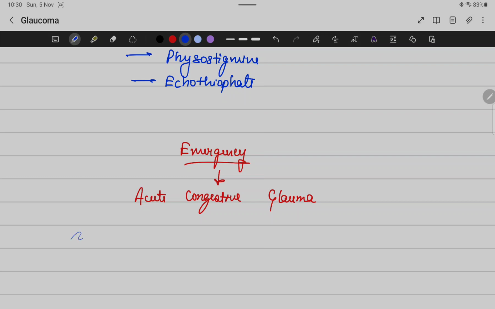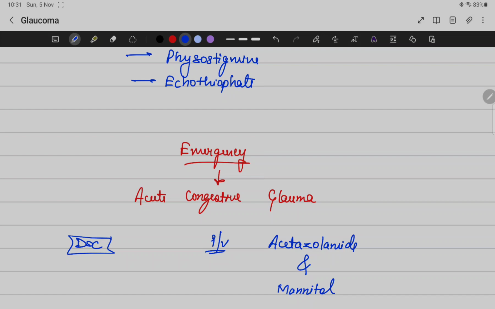So the drug of choice in your acute congestive glaucoma is actually intravenous acetazolamide. I talked about acetazolamide a little bit when we talked about carbonic anhydrase inhibitors. Acetazolamide and your mannitol. IV acetazolamide and mannitol are used in acute congestive glaucoma. And that's all.